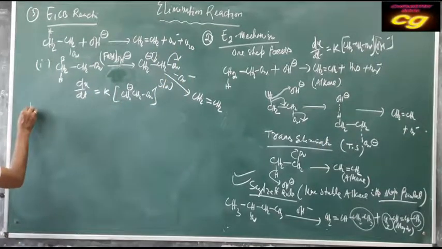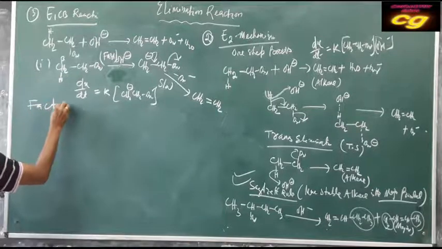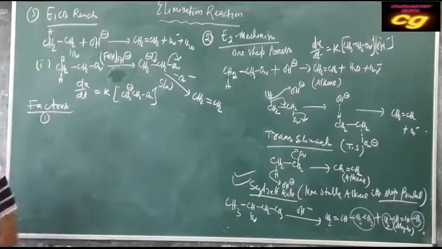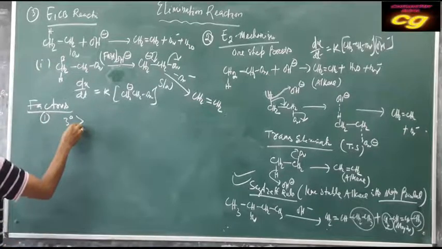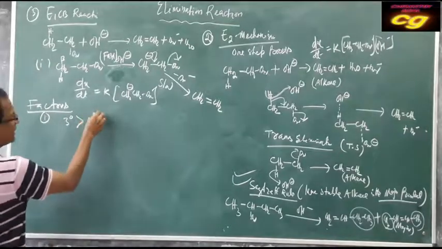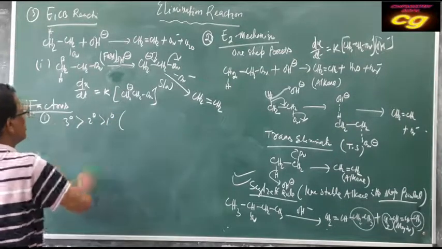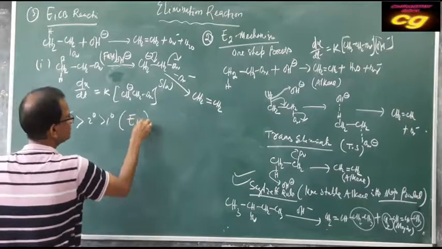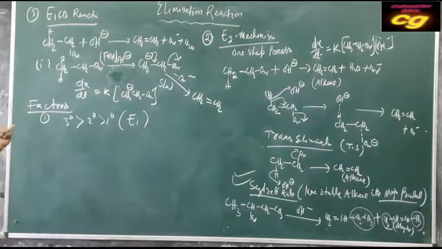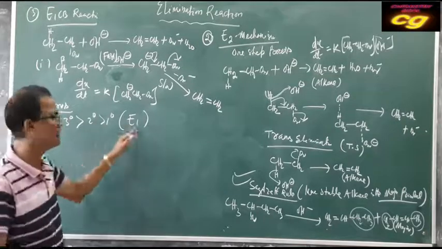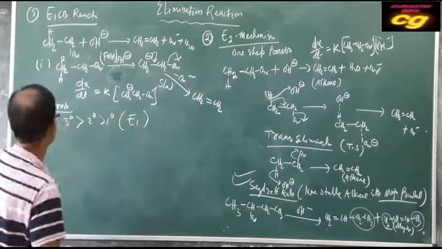Then what are the factors? Very important is that tertiary haloalkane is greater than secondary, greater than primary, this order is for the E1 mechanism, and the opposite for E2. Tertiary haloalkane will be faster for the E1 mechanism like the SN1 mechanism.